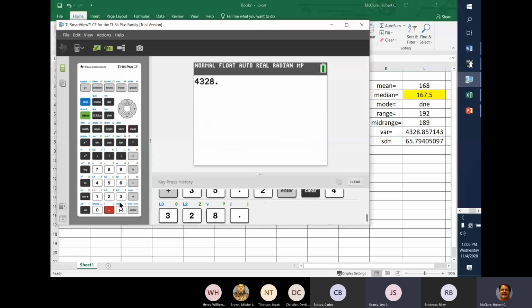You would not say, well, I'm just going to take the square root of 4328. No, you do not do that. You got to put the whole number in. Okay, that's what I thought.